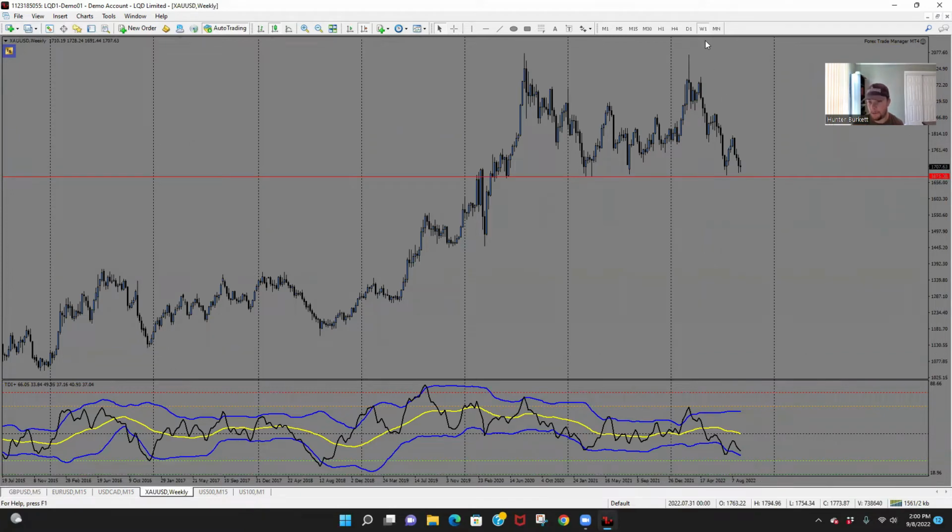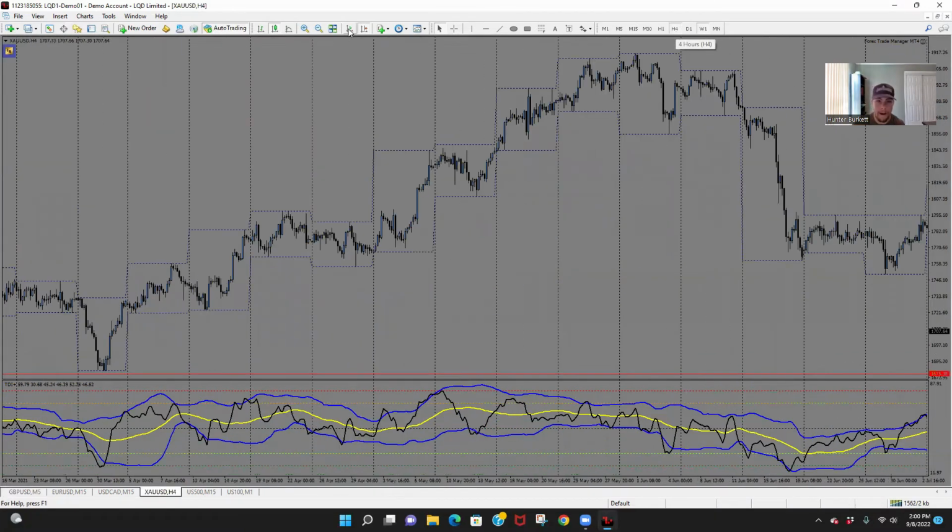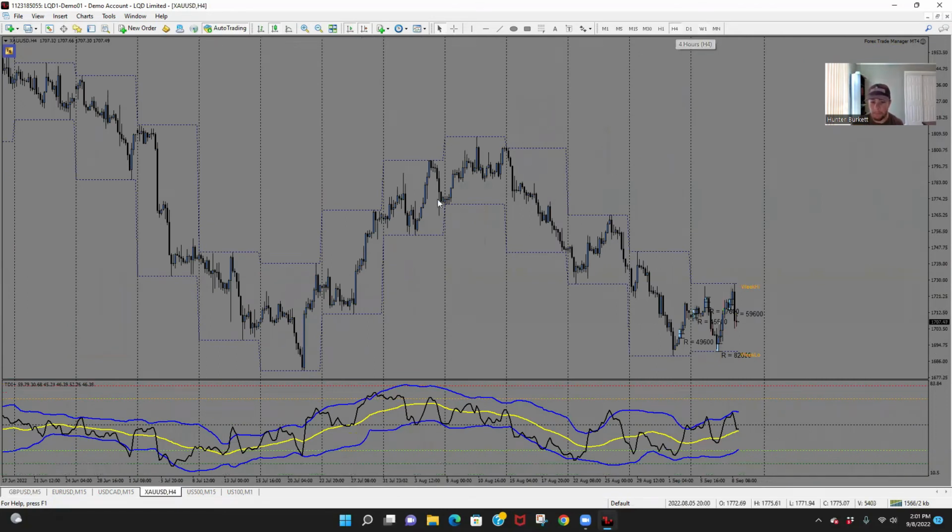So this is the weekly time frame, but this is what I seen, and I was okay with it, right? So I seen this imbalance, right? And then this order block here, okay? And I seen how we stung in, we left, we pulled back in to this order block, and then we left, right?